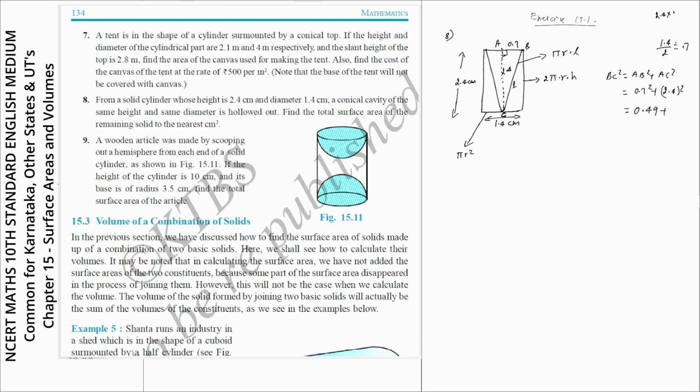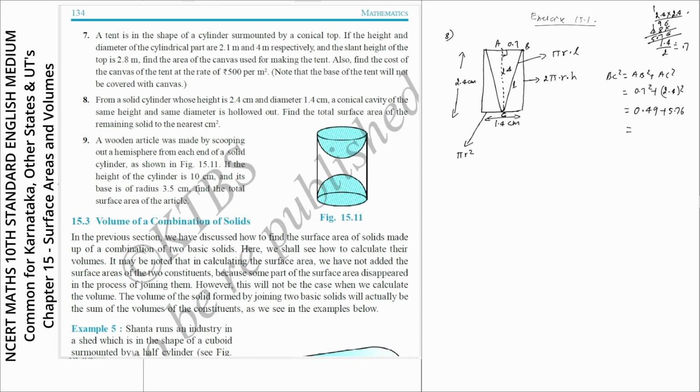2.4 into 2.4. 4 4s are 16, 4 2s are 8, 9, plus 2 4s are 8, 2 2s are 4. So I'll get 5.76.